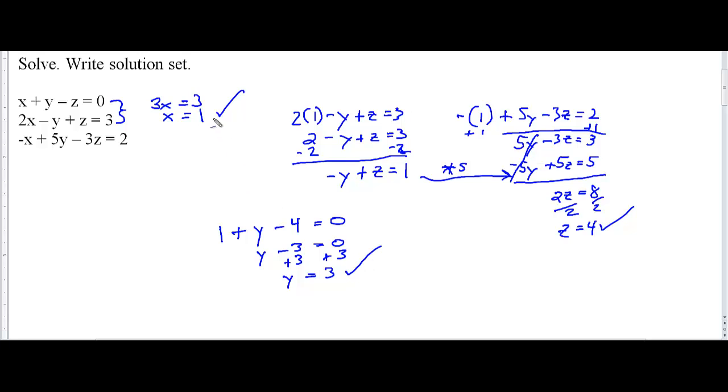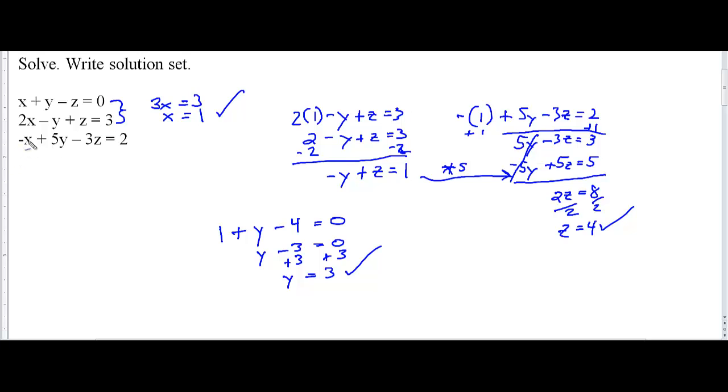So now I have a 1, 3, and 4, and I can actually plug that back into each of these equations, 1, 2, and 3, to check and see if they're valid. If I plug that into the first equation, 1 plus 3 minus 4 is 0. Plugging into the second equation, 2 times 1 is 2, minus 3 is negative 1, plus 4 is positive 3.